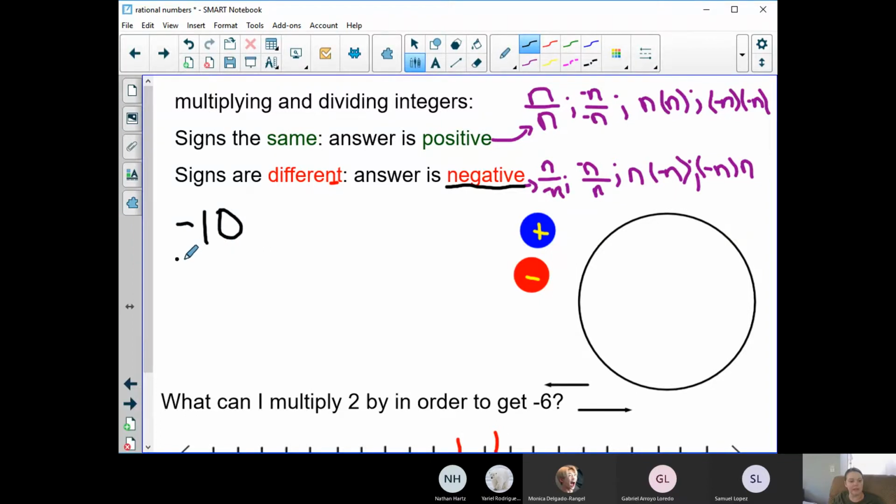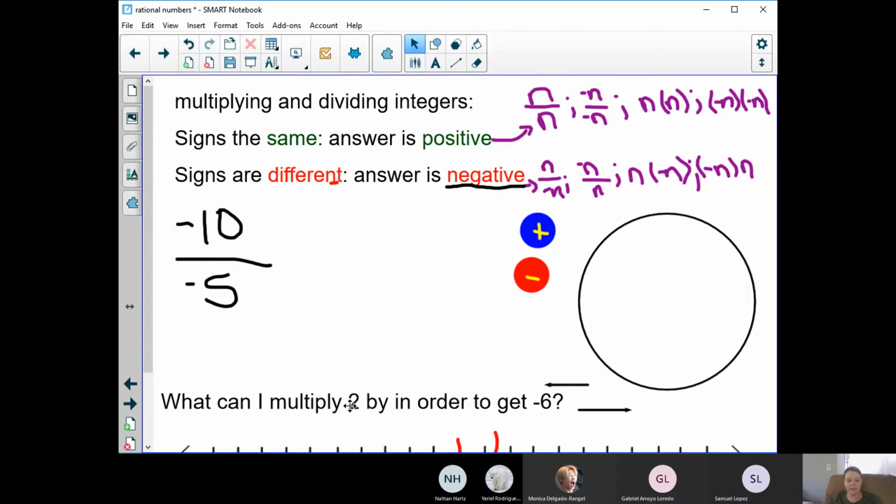-10 divided by -5. So how would you write this problem as a multiplication problem? What do you think?